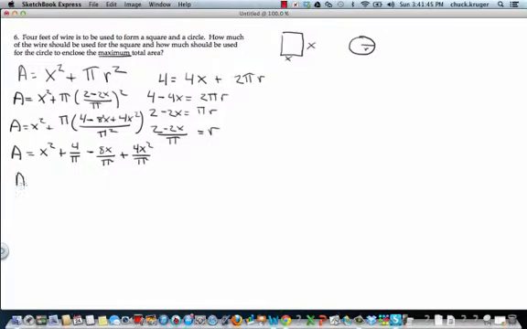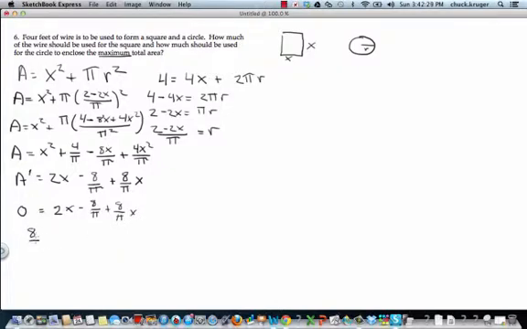Okay, so that means I can take the derivative. I get 2x, this goes to 0, this is going to be minus 8 over pi, and this is going to be plus 8 over pi x. Make this equal to 0. So I have 2x minus 8 over pi plus 8 over pi x equals 0.